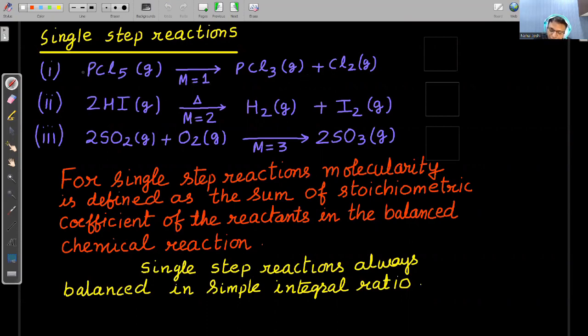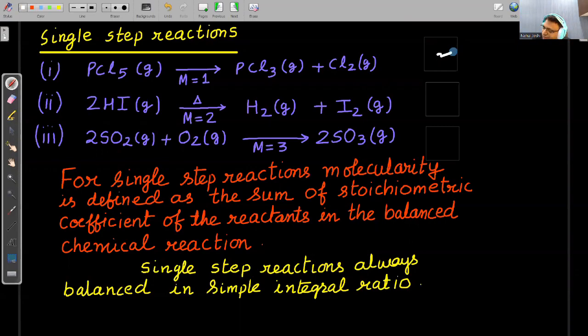So here the coefficient of reactant in the balanced reaction is equal to 1. So we are saying molecularity is equal to 1. According to collision theory, PCl5 molecules are there and they are colliding with the wall of the container.